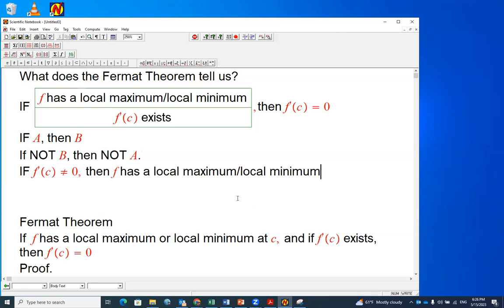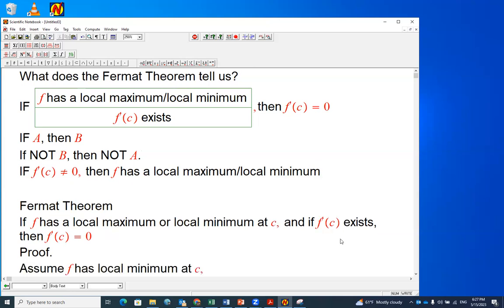So from the reading of the Fermat theorem, we need to understand that. If the function has a derivative at a point but it's not equal to 0, then f has no local max or local min.